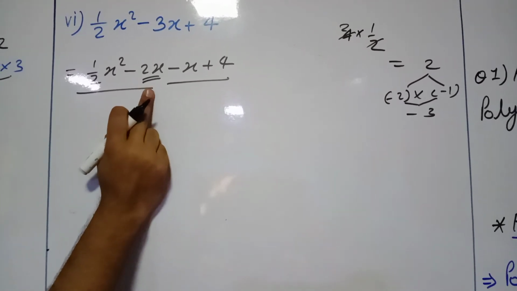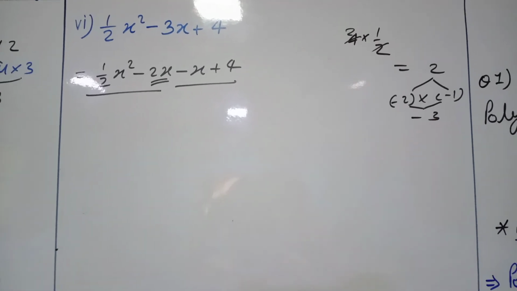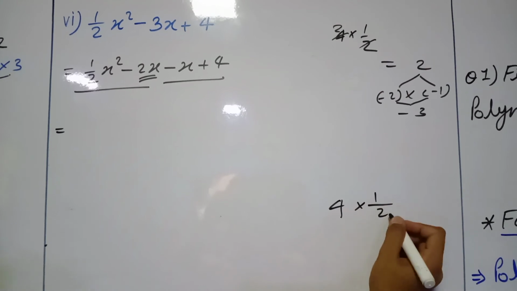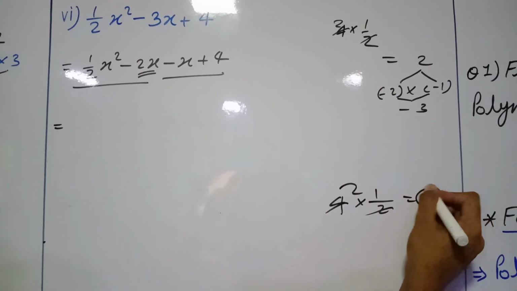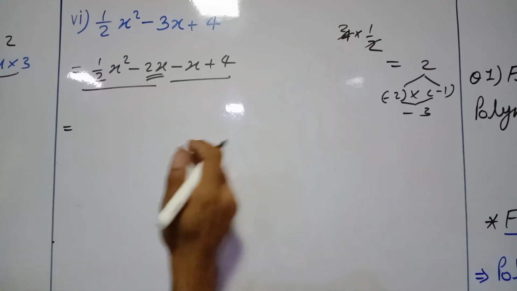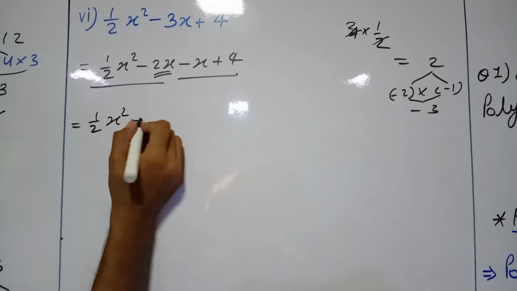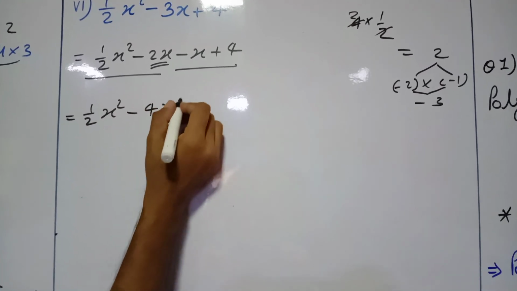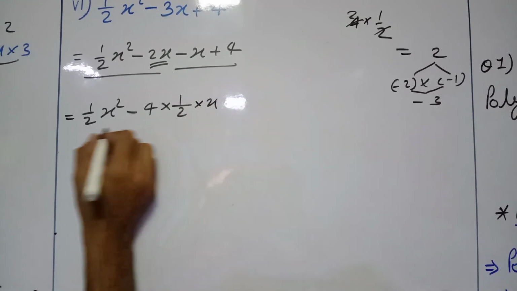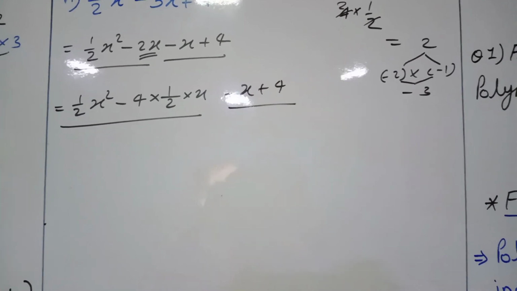Here also, can we write this 2 as 4 into 1 upon 2? Yes. Let's check: 4 into 1 upon 2 gives 2, so in place of 2 we can write 4 into 1 upon 2. So 1 upon 2 x square minus 4 into 1 upon 2 into x is the first pair, minus x plus 4 is the second.